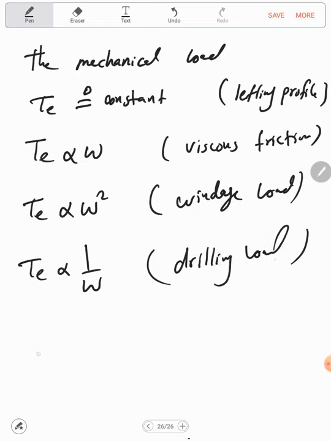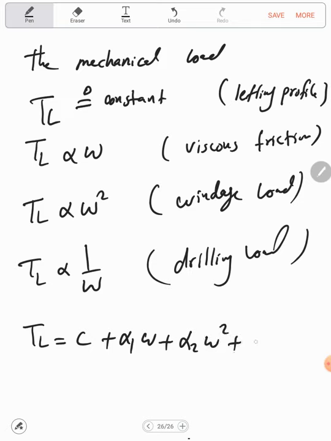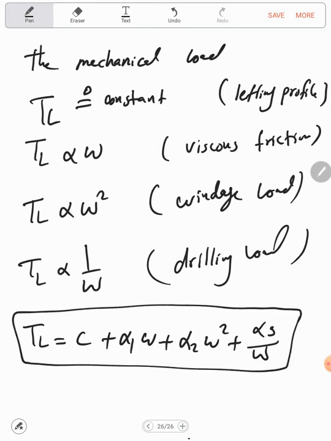So in general, this is the load torque, TL. TL can be a combination of those. So TL, for example, can be C, a constant, plus alpha 1 omega plus alpha 2 omega square plus alpha 3 over omega. So this is a general load torque profile.